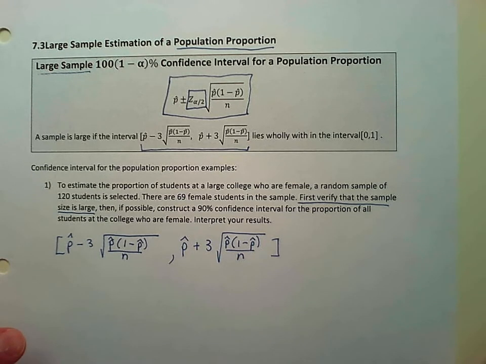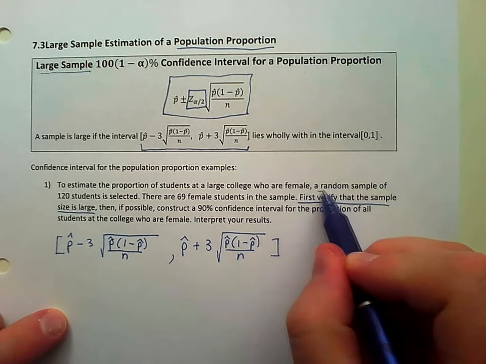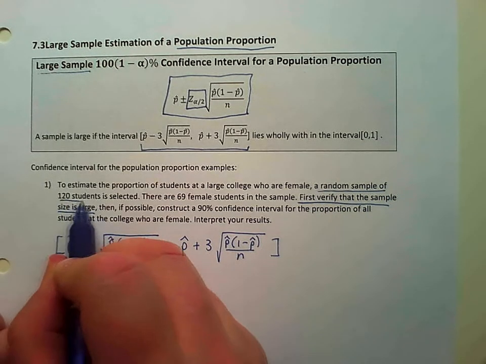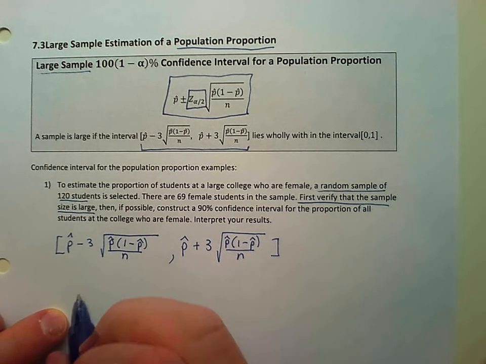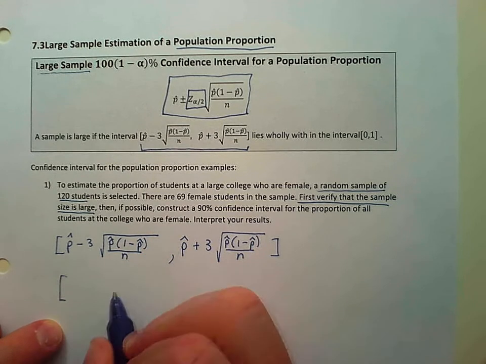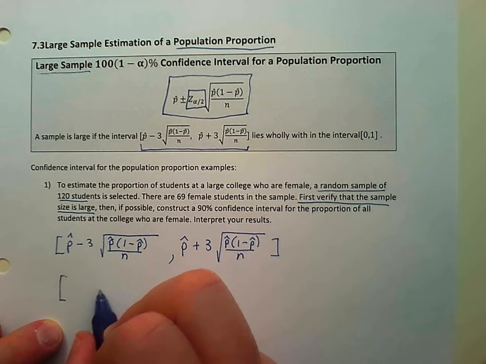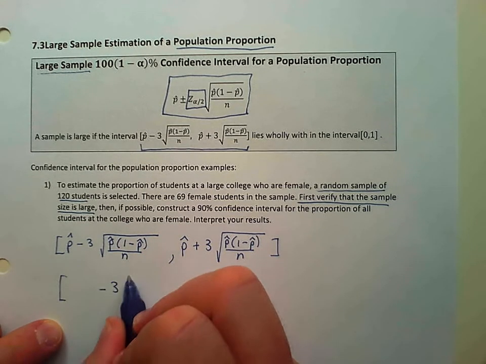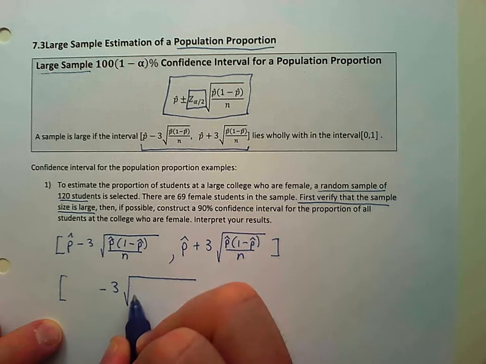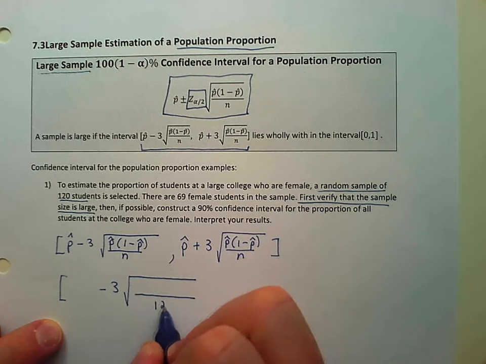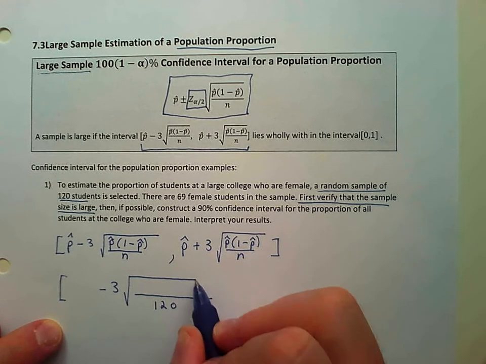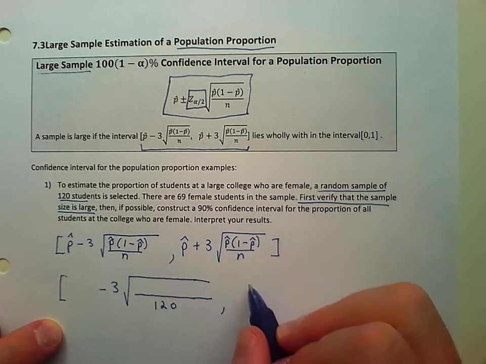So how big is our sample size in this problem? Here it says a random sample of 120 students is selected, so therefore little n is equal to 120. So let me plug in 120 into what we have up here so far.